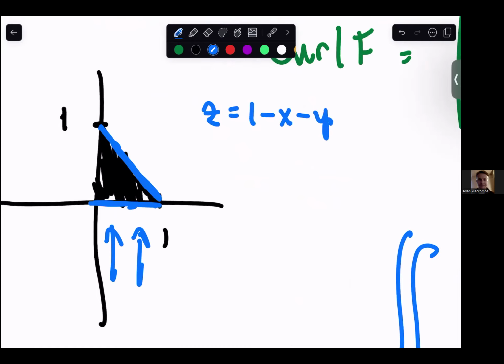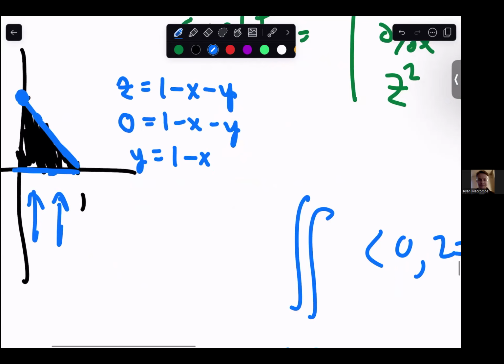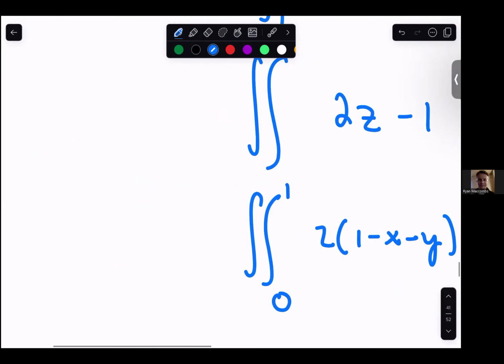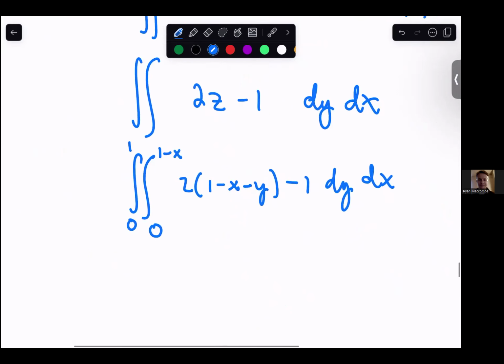If you've smushed this down into the xy plane, the xy plane has the equation z equals 0, and we can solve this and get that y is equal to 1 minus x. This line has an intercept of 1 and a slope of negative 1, right? It's headed down. So the y bound should be 1 minus x. The smallest x value is 0. The largest x value is 1. So this right here is going to be our setup.